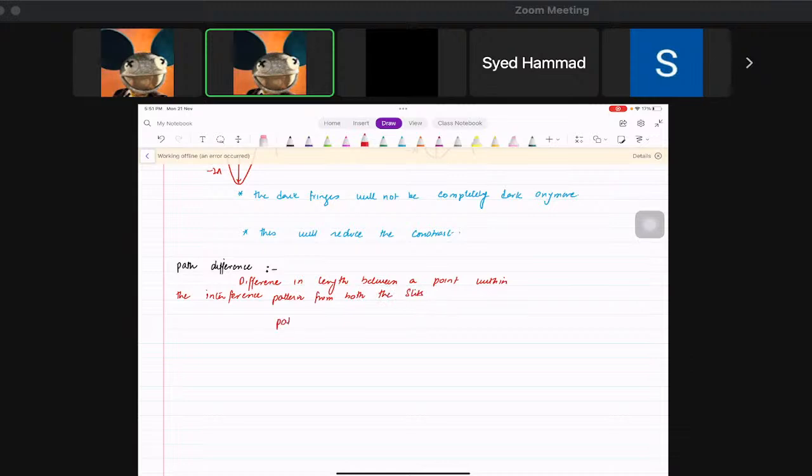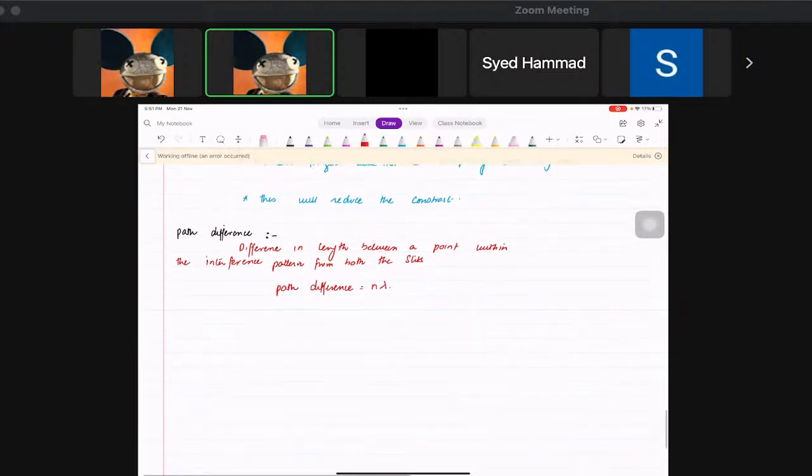Now, path difference is equal to n lambda. This is basically the main formula that you should remember. There are other formulas, and people will teach you different formulas, but it's better to learn just one small formula, n lambda.